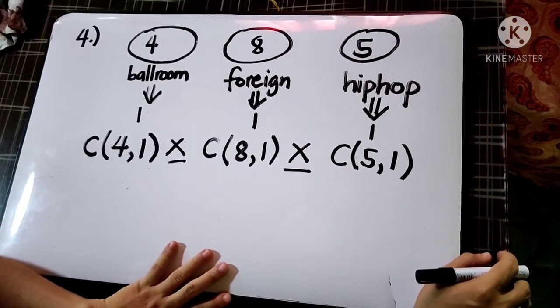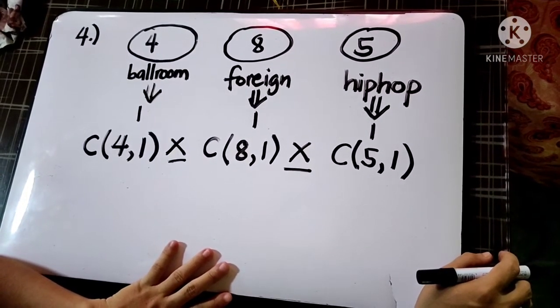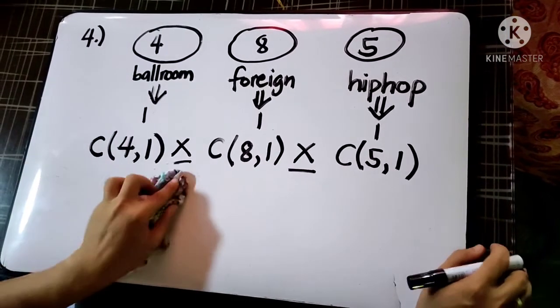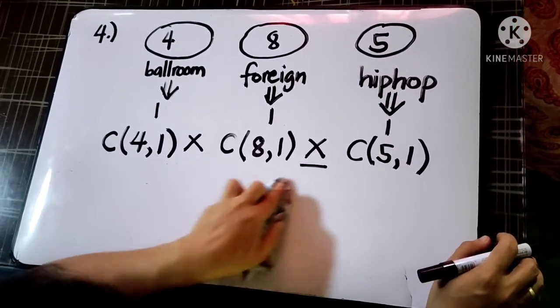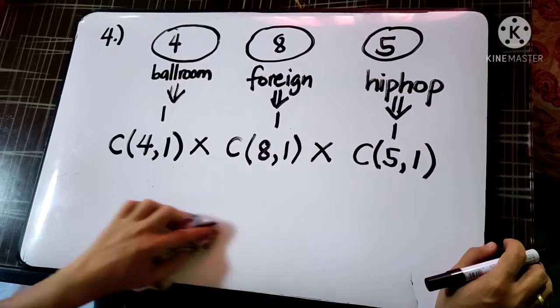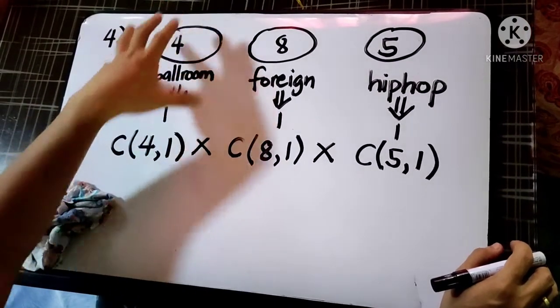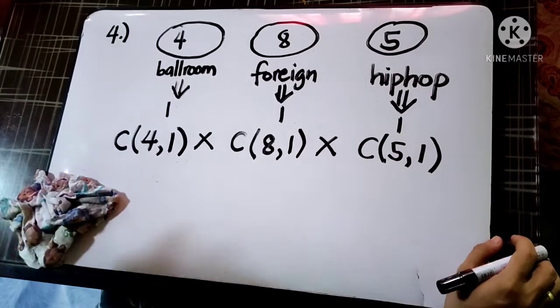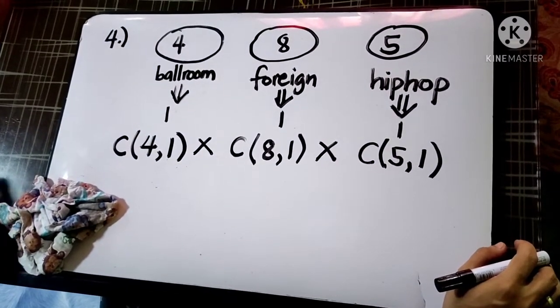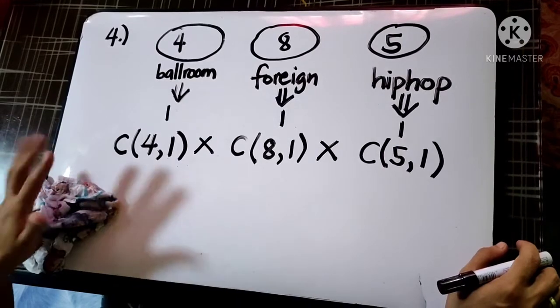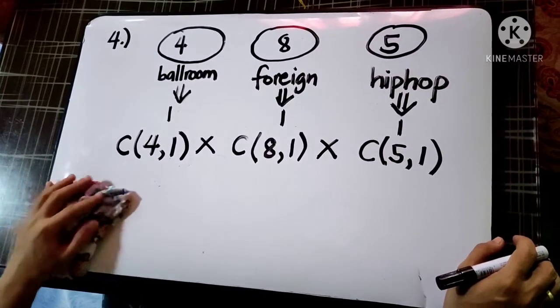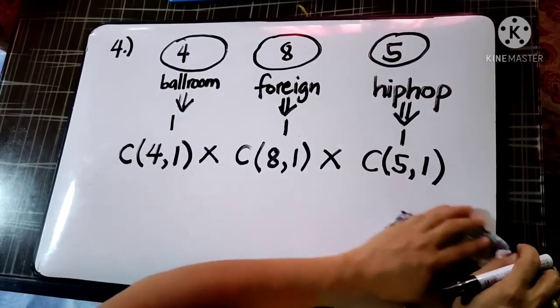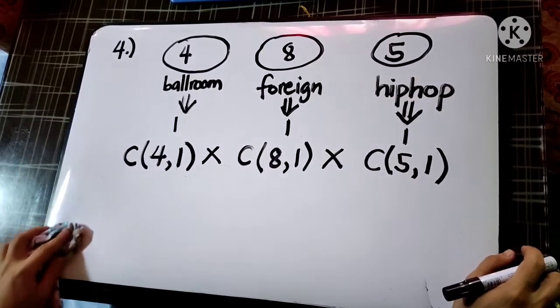So, pag ganyan, multiplication ang gagamitin. Hindi ka gagamit ng plus. Kasi pag gagamit ka ng plus, parang sinasabi mo na enough na napipili lang sila sa ballroom. Hindi na kailangan pumili pa sa foreign, hindi na kailangan pumili pa sa hip-hop. Kailangan nilang pumili ng isa sa bawat klase ng sayaw to satisfy the problem.